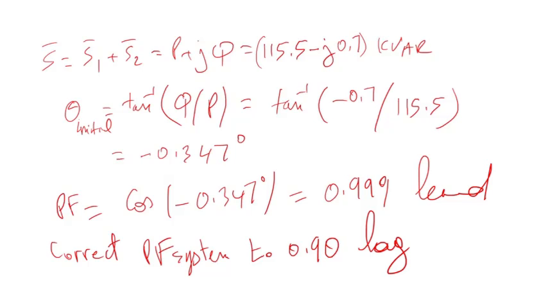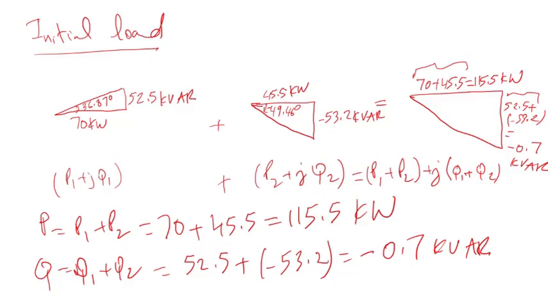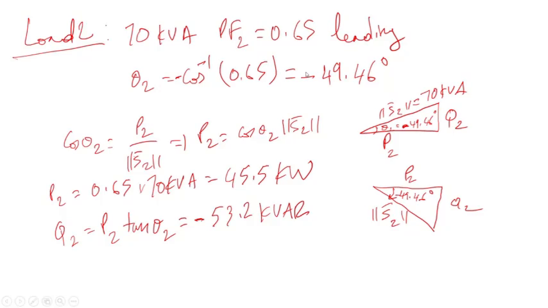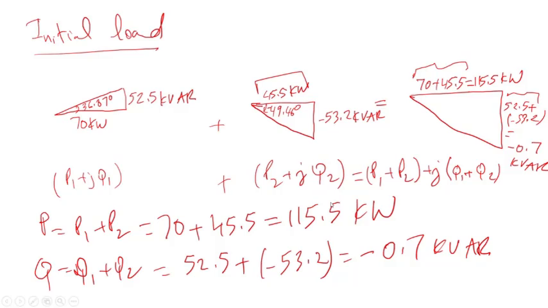Where did I get 45? It's from here. So you see here is 45, for load 2, P2. Basically for load 2, since it can correct the power factor, this we said will stay the same, but the reactive power is what will change.